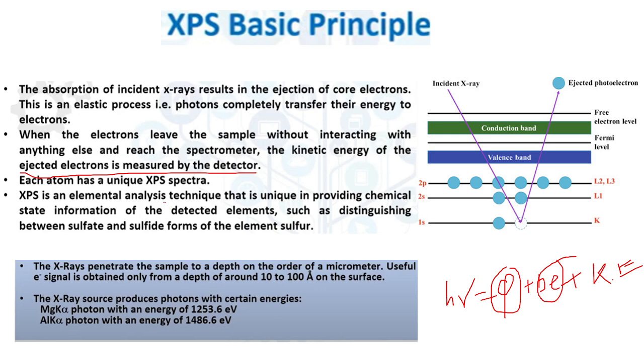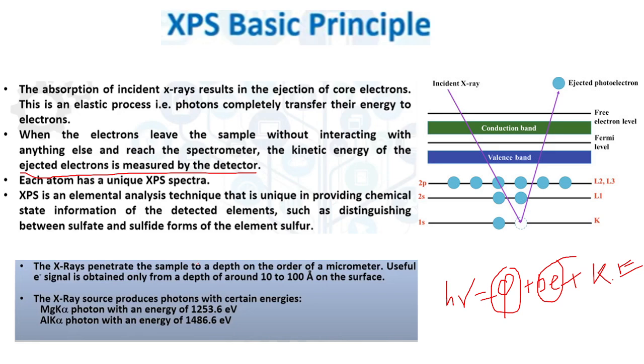XPS is an elemental analysis technique that is unique in providing chemical state information of the detected elements, such as distinguishing between sulfate and sulfide. The oxidation state of sulfur is different in sulfate and sulfide, so obviously the effective nuclear charge will be different, and hence the binding energy will be different.